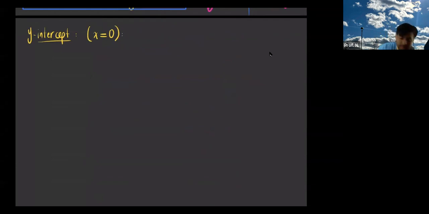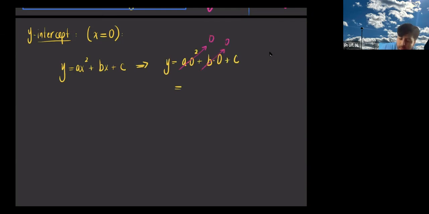And normally when you have, for example, y equals ax squared plus bx plus c, if I plug in 0 for x, everything cancels out, right? This cancels out, this cancels out. And what I get is c.